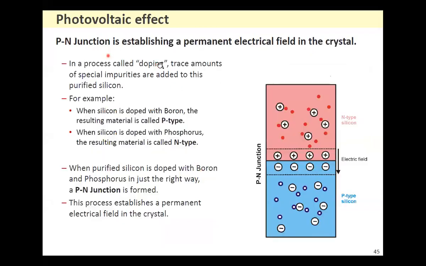Okay, the photovoltaic effect. This slide is telling you that a PV cell is nothing different. It is actually the PN junction. And you guys know what a PN junction is. You have P-type material, N-type material, and then a junction is formed there.